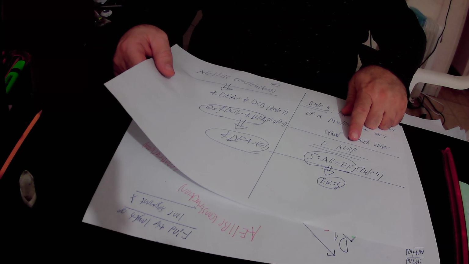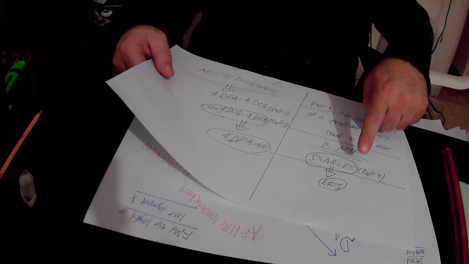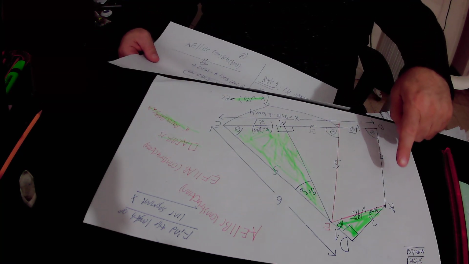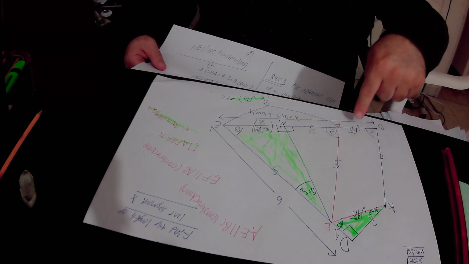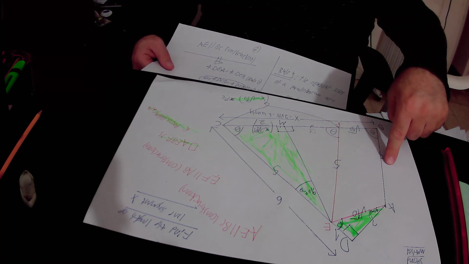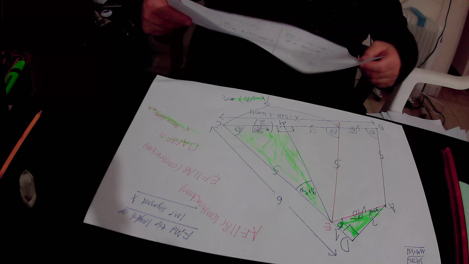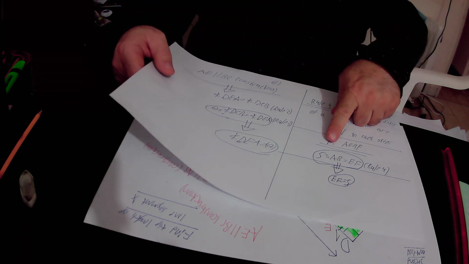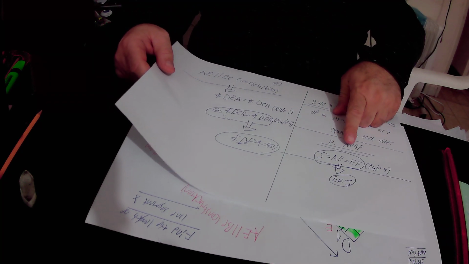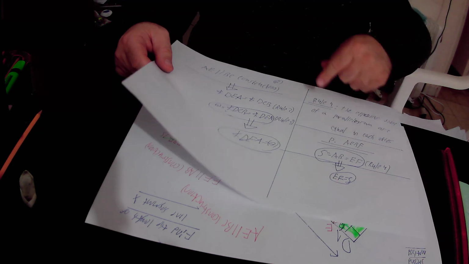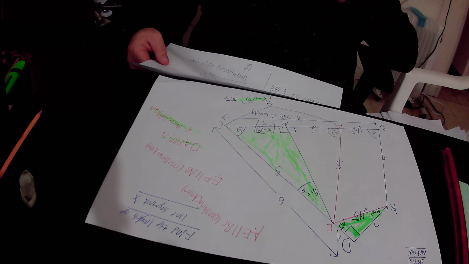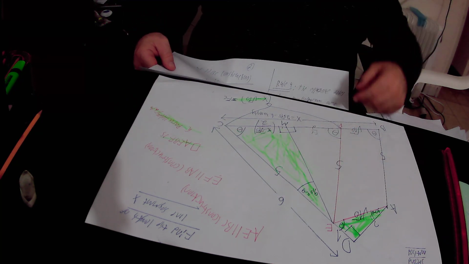That is to say, AB equals EF. But it is given in the question that AB equals 5. So here AB equals 5. So from this, 5 equals AB equals EF, we derive that EF is also equal to 5.